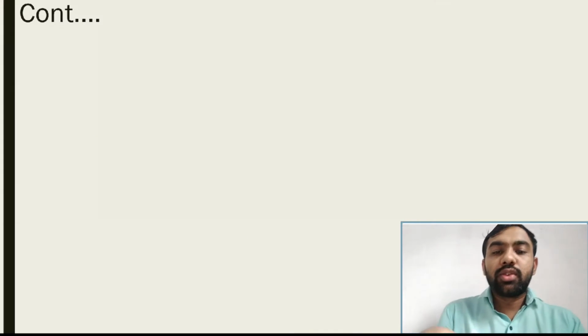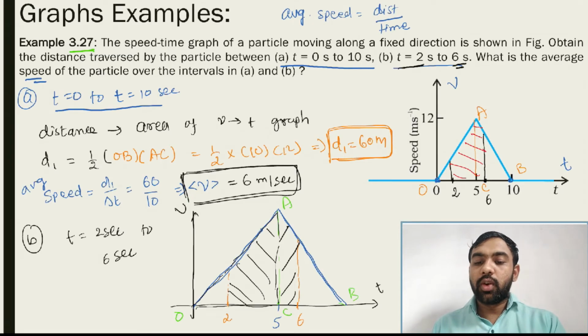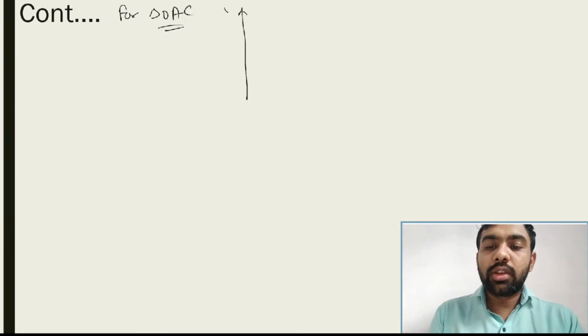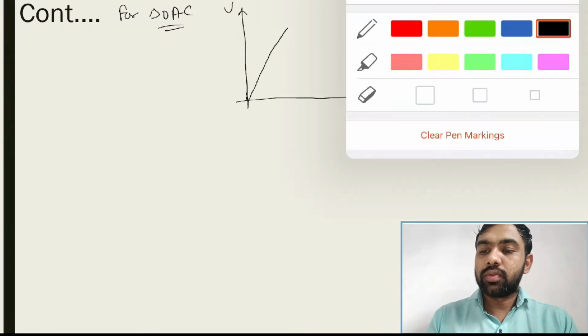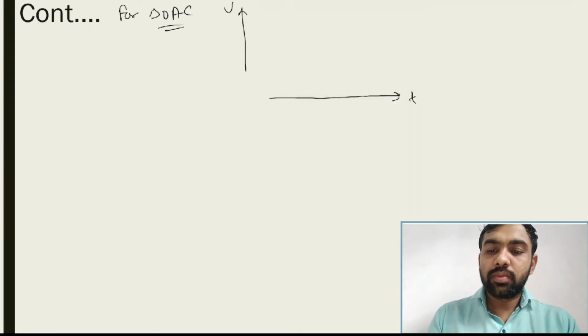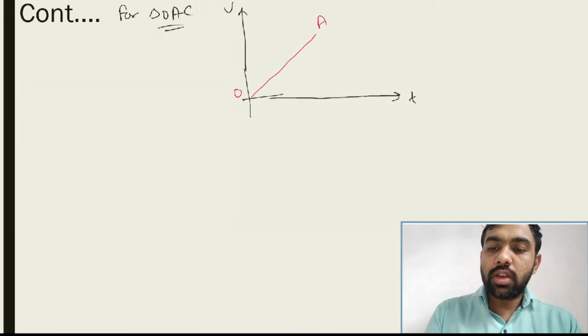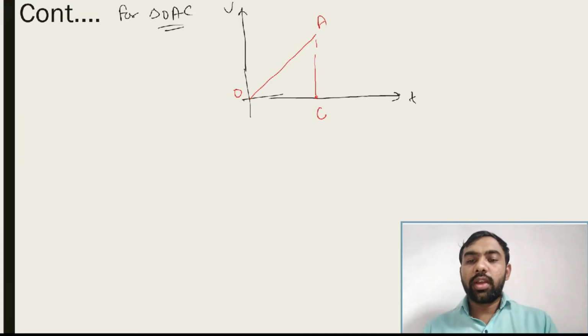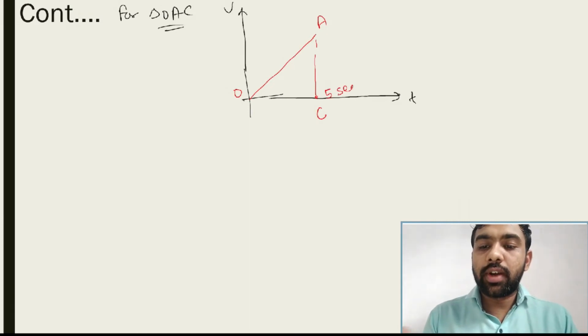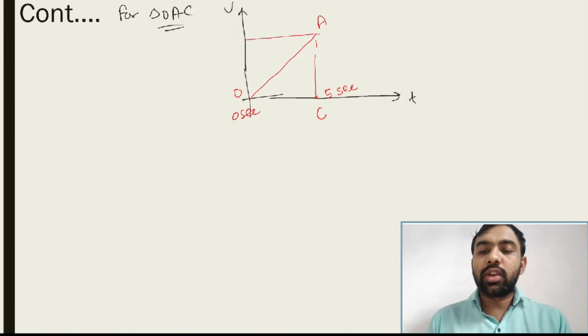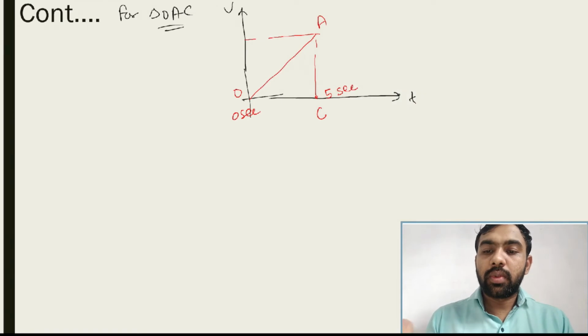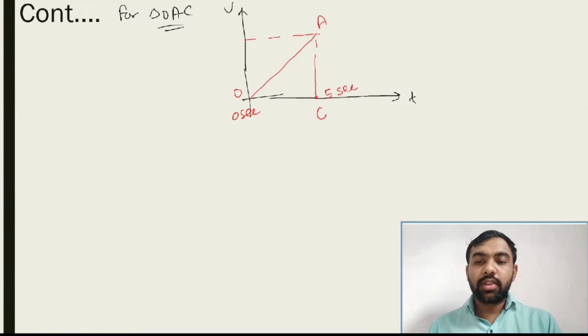For triangle OAC, let's draw it first: V versus T, with O, A and C. And at this point the time is 5 seconds, from 0 seconds. This is C in this case.